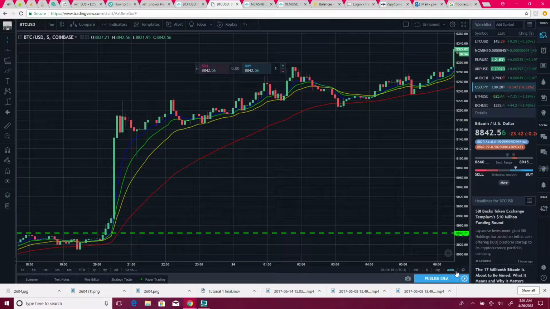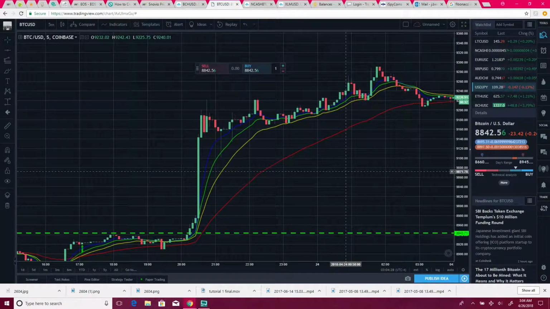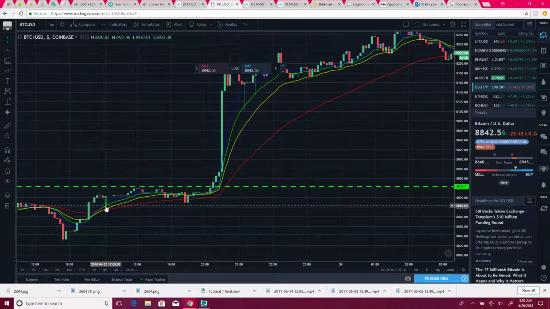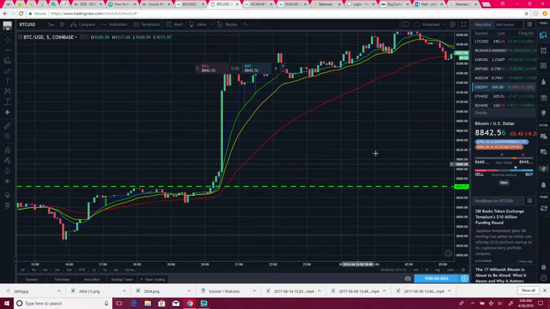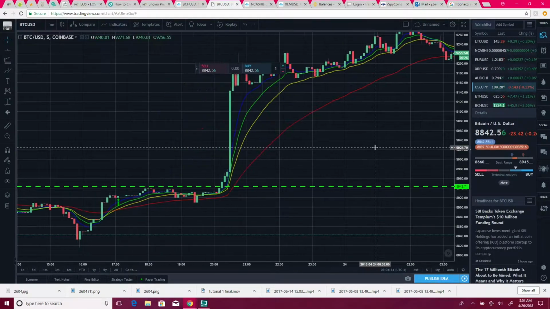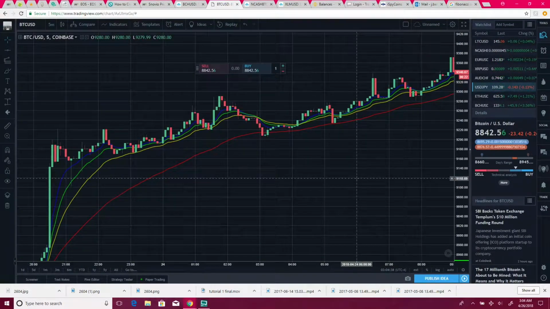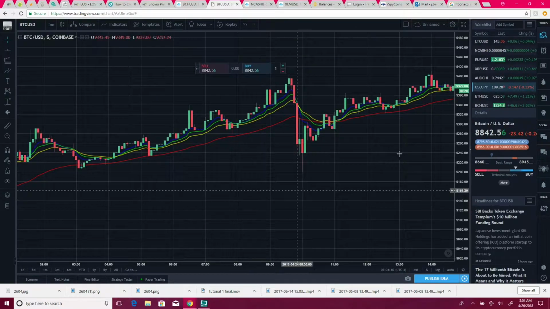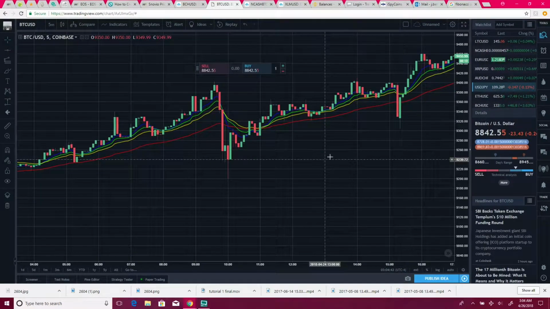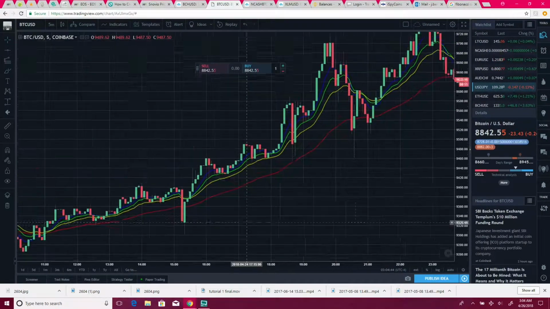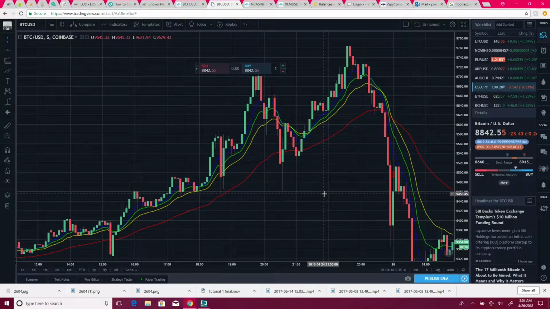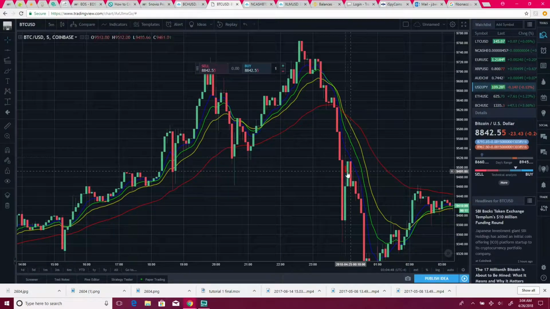So let me zoom in so you can see it. So when you see the arrows come in, there's a green arrow here. You would place a buy. And you would have just ridden this until you see it cross. And there's your red arrow. This is where it finally crosses.